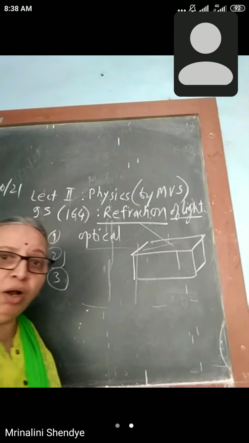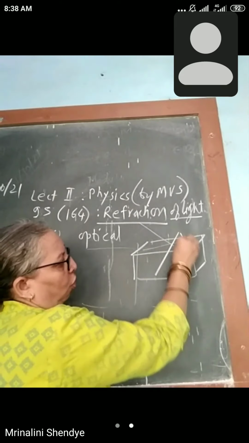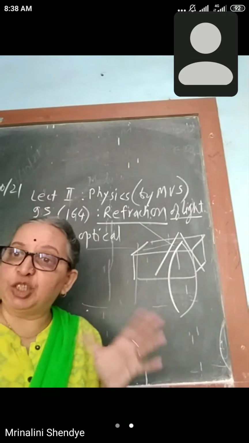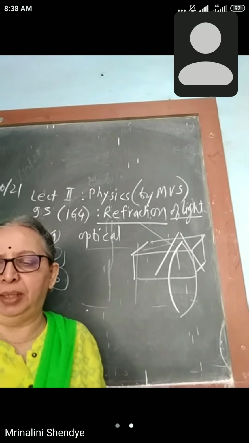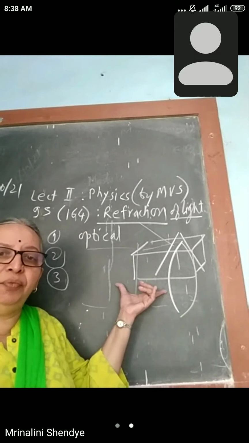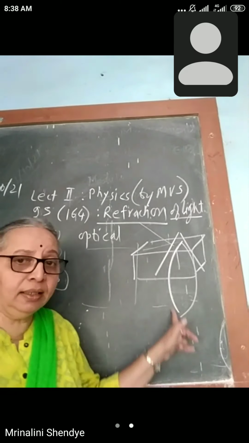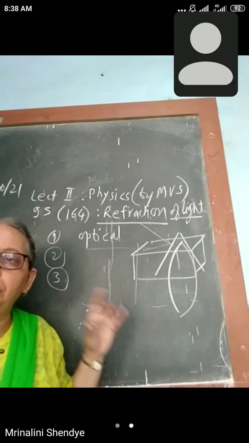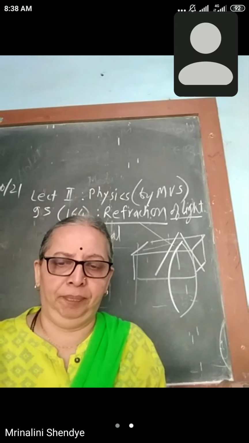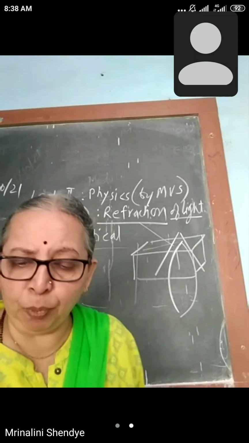When you talk about the refraction phenomenon through a lens, a lens is an optically transparent medium bounded by two surfaces. So this is curved. So third feature: the boundary may be curved or may be plane. Then we will proceed further.